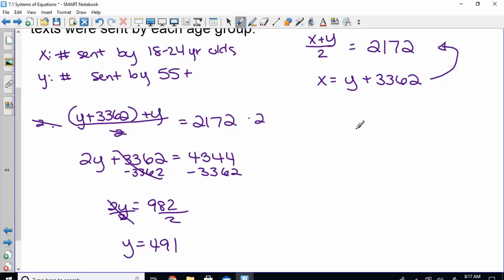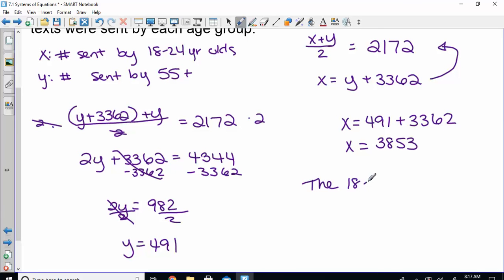So then we can plug that in to find our x. x is y, 491, plus 3,362. So answer in a sentence.